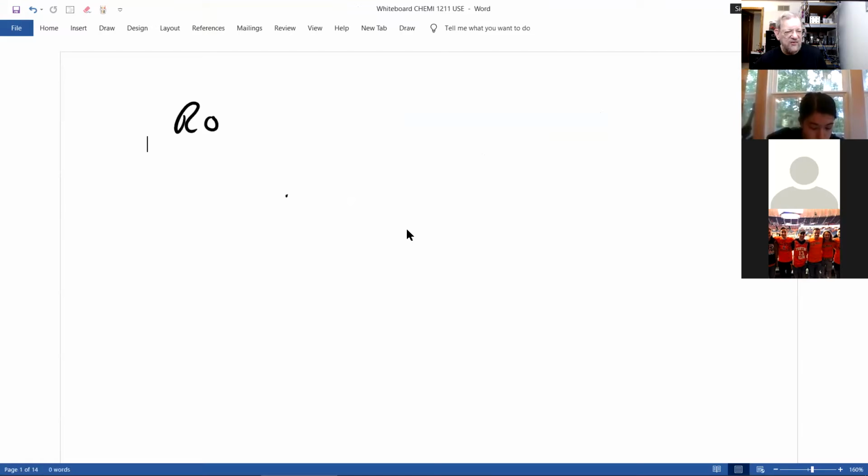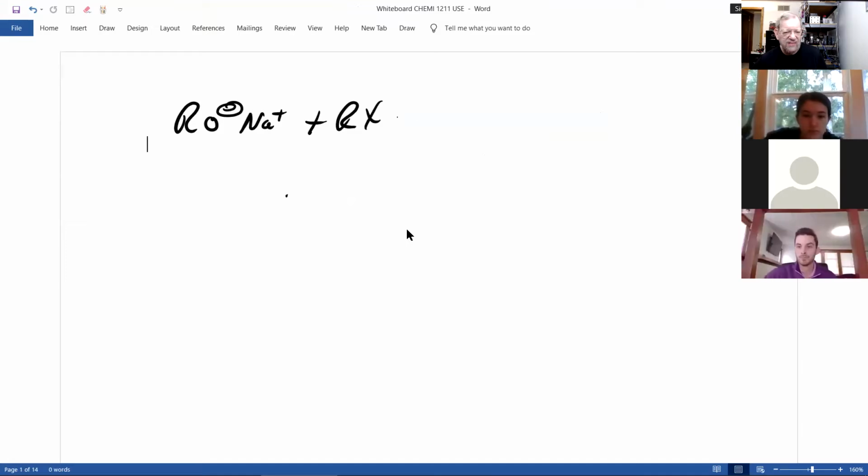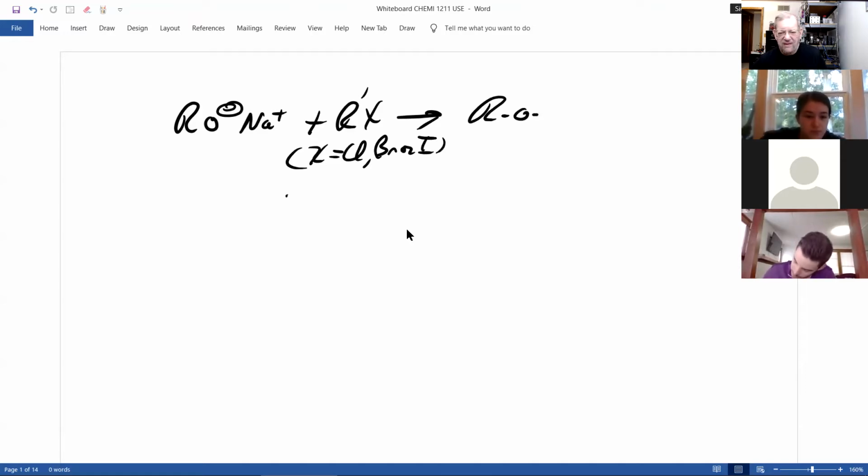Again, the Williamson ether synthesis: alkoxide plus an alkyl halide gives an ether, plus you get salt, sodium chloride.